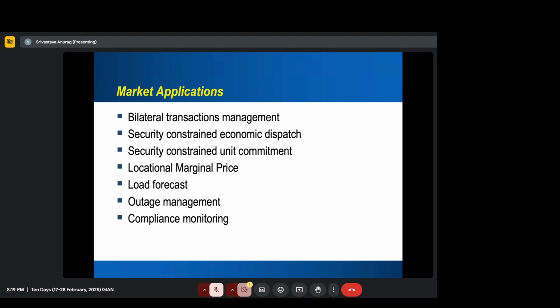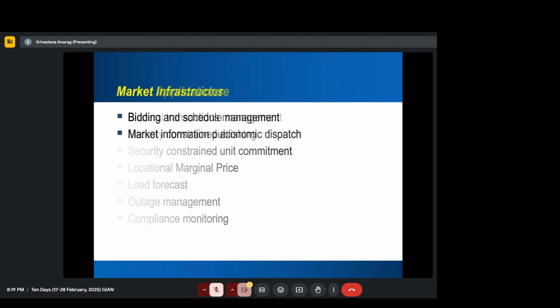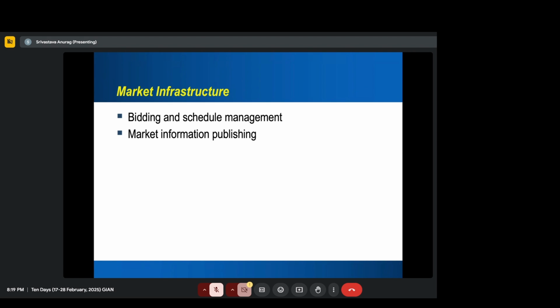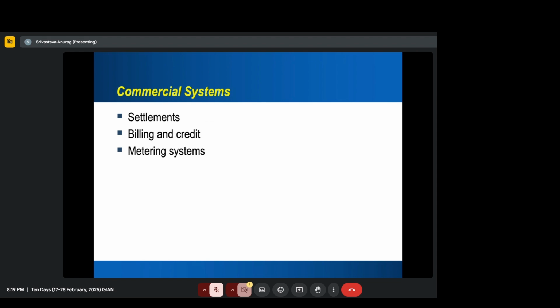And then monitoring of compliance, because there are a lot of entities which need to get the data so that no one is making more profit than they should make. We need a lot of software and a lot of platforms for this to get the bidding and schedule management and also market information publishing. We need a commercial system for settlement of the cost, and then we need the billing and credit, and also a system for metering.